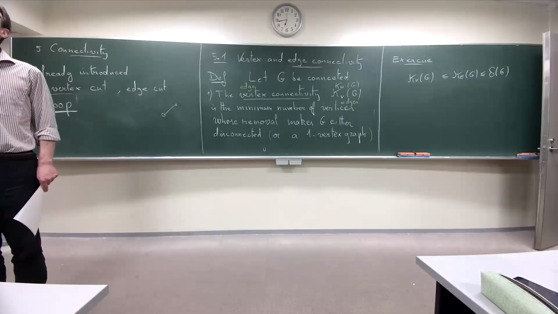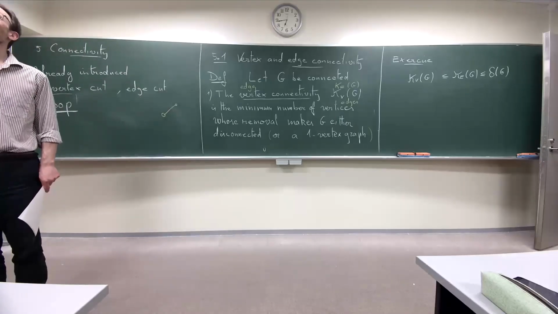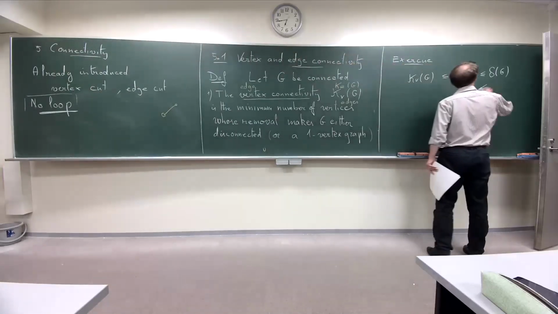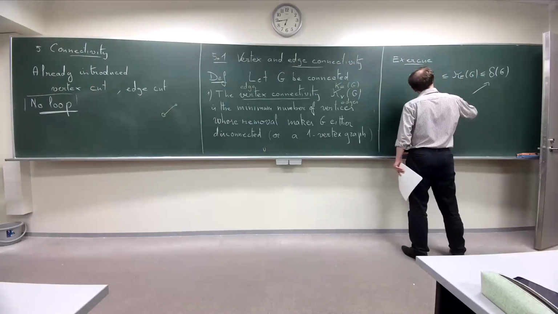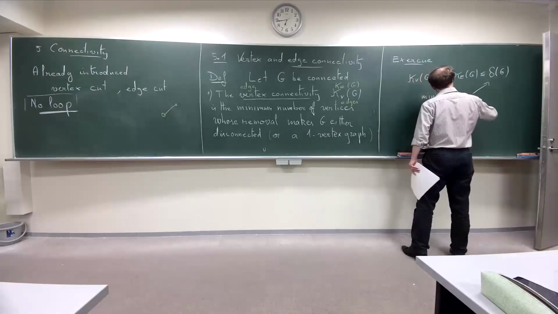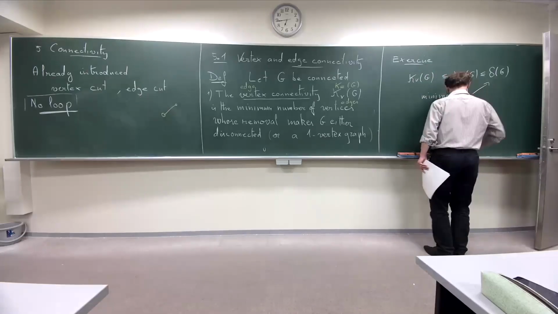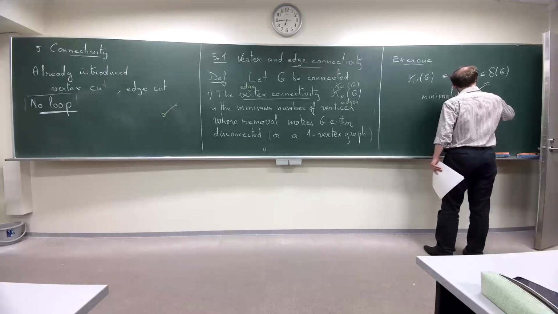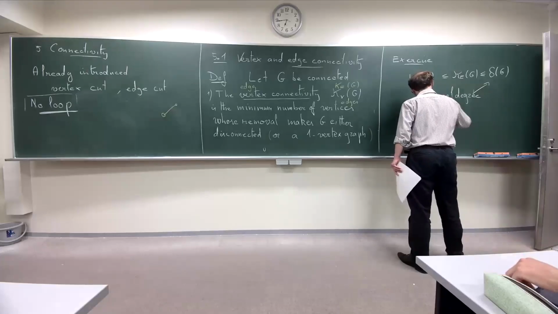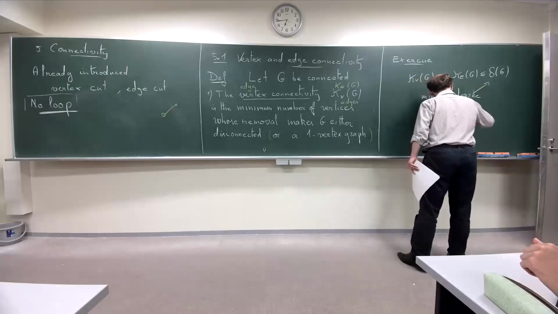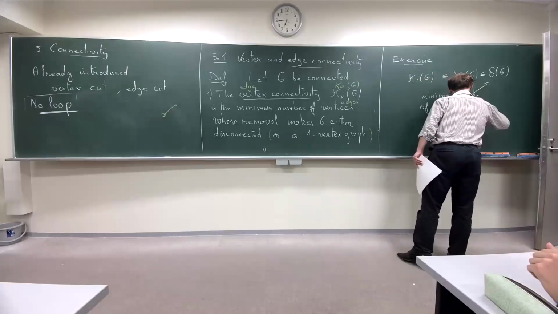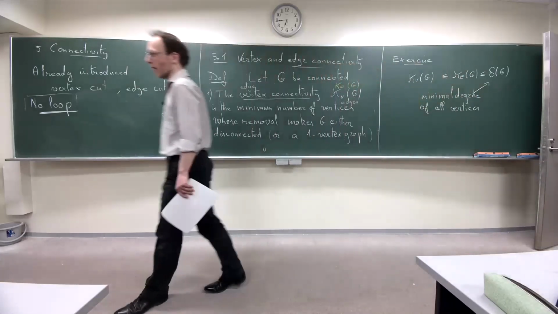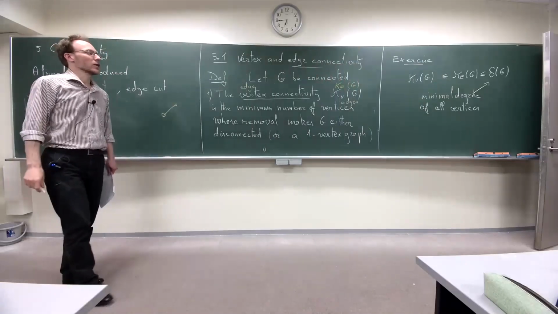Minimal degree. Minimal degree of all vertices. I mean, you look at the degree on all vertices and you pick up the smallest number on your graph.